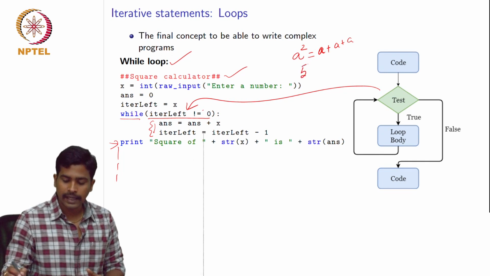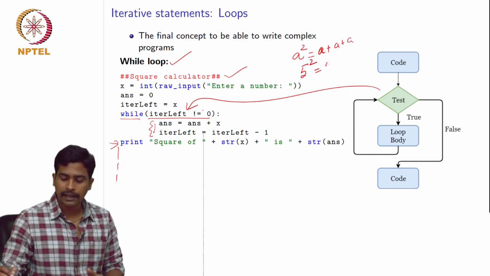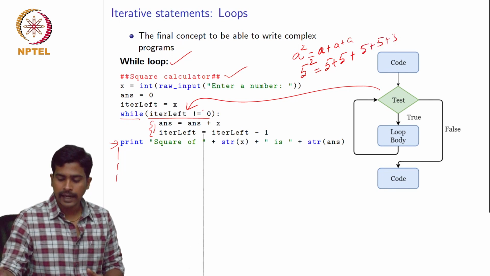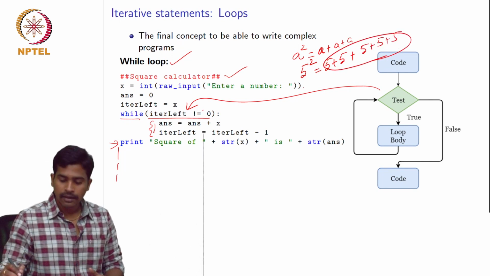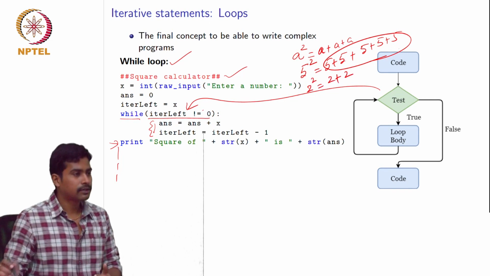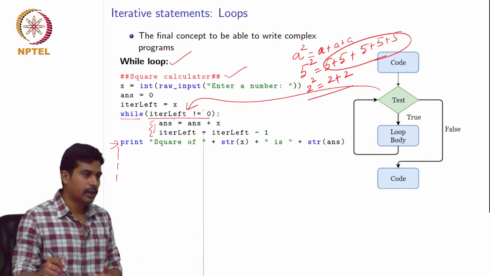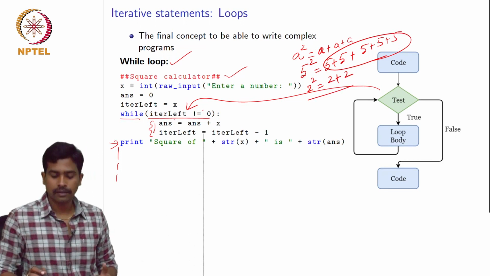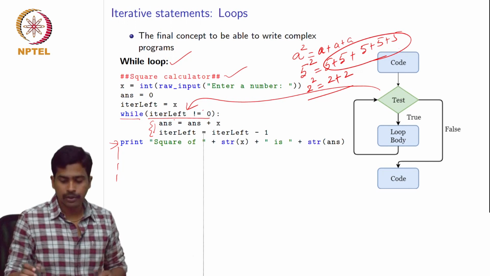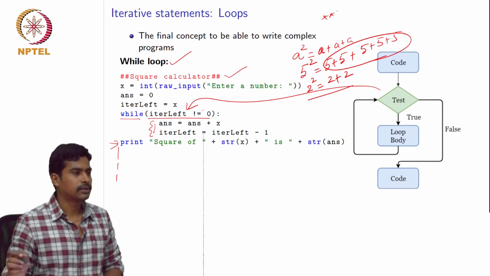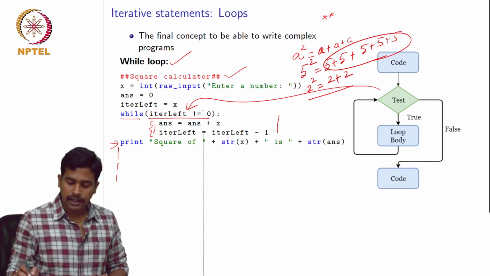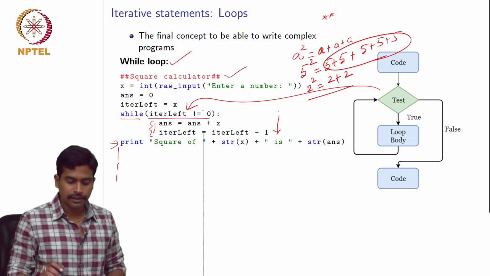For example, 5 square can be calculated by adding 5 five times. Similarly, you can calculate 2 square by adding 2 two times, right. This is the algorithm I use to calculate the square of a number. As I have said before, you can also use the double star operation. Just to demonstrate how to do a while loop, I have written this program.